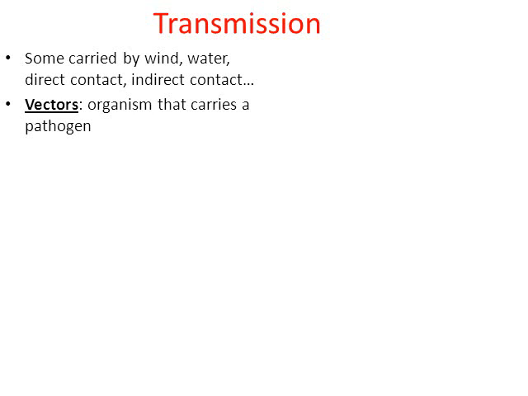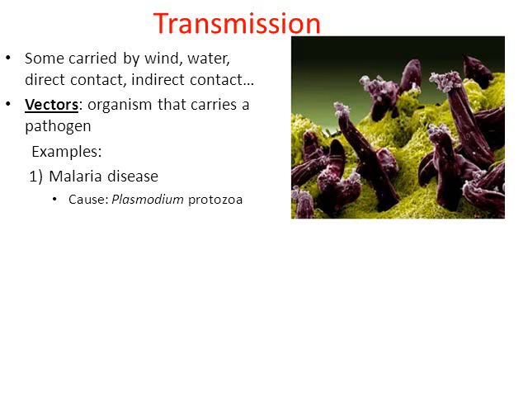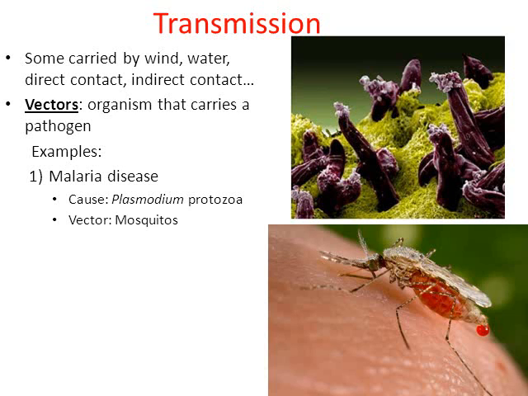We'll go over some examples. The first one, let's focus on the disease called malaria. We saw this picture a few moments ago. In the picture is the Plasmodium organism that causes the disease malaria. But the vector of malaria you might know to be mosquitoes. If a mosquito is infected with this Plasmodium parasite and the mosquito bites a person, good chance that the mosquito will inject that Plasmodium into the person.